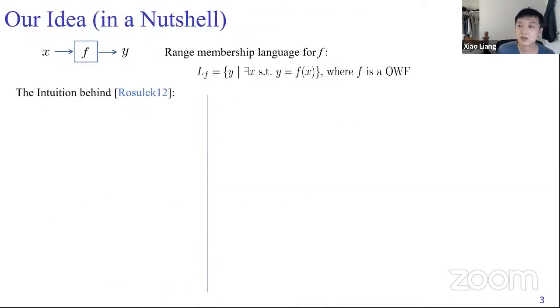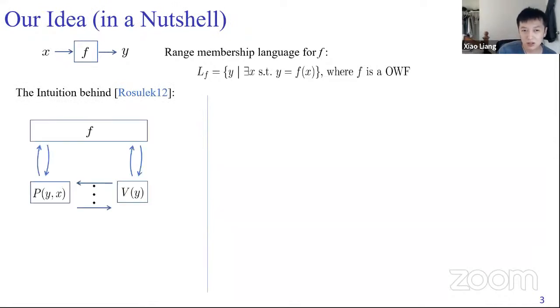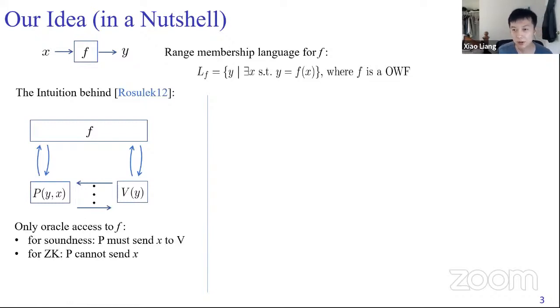So let's take a closer look at Rosulek's impossibility result. We want such a protocol where the prover has witness x, which is a pre-image, and the common statement would be y, which is the image. And such a ZK protocol cannot exist because, since both parties only have black box access to this f, to validate this x, you have to somehow ask the prover to send x to the verifier.